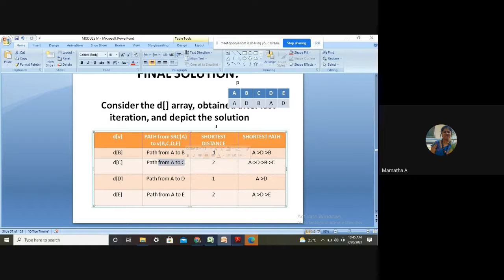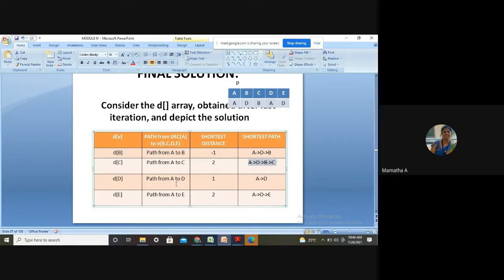Yes, Janvi, how do we print? Ma'am, we consider destination C. Then P of C is B. Then we consider P of B, which is D. Again, P of D is A. So since we got A, we stop there. That's all.